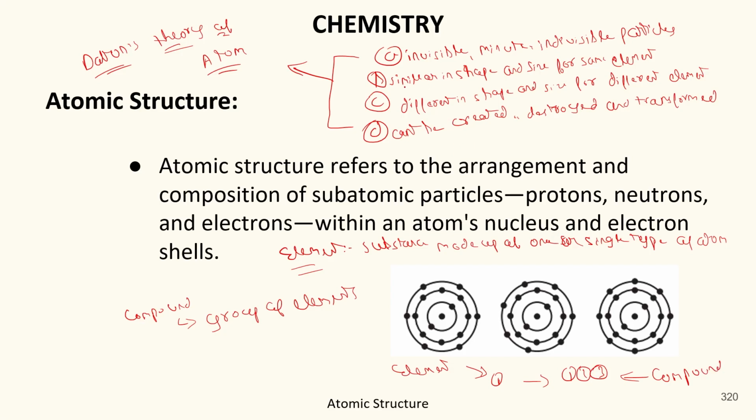So we say in one element, atoms are the same in shape and size, whereas for different elements like 1, 2 and 3, atoms may be different in shape and size. And for the third and fourth points, he said that atoms cannot be created, they cannot be destroyed, and they cannot be transferred from one to another. So these were the points of Dalton's theory.